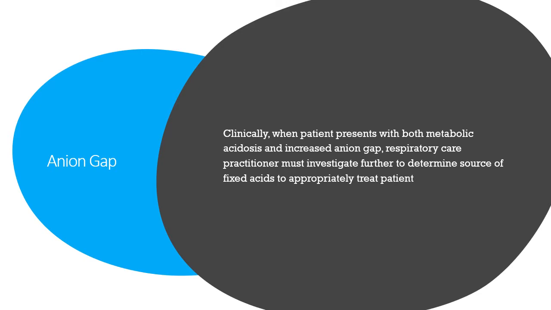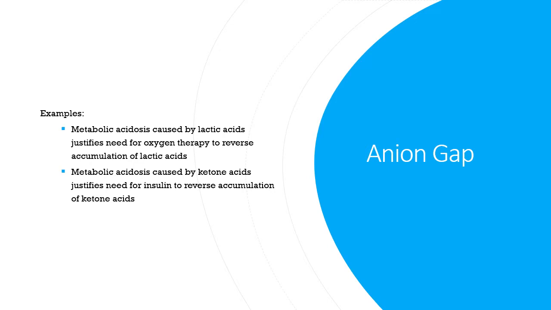For example, metabolic acidosis caused by lactic acids justifies the need for oxygen therapy to help reverse the accumulation of the lactic acids. However, metabolic acidosis caused by ketone acids or ketoacidosis, often seen in diabetics, justifies the need for insulin to reverse the accumulation of acids.